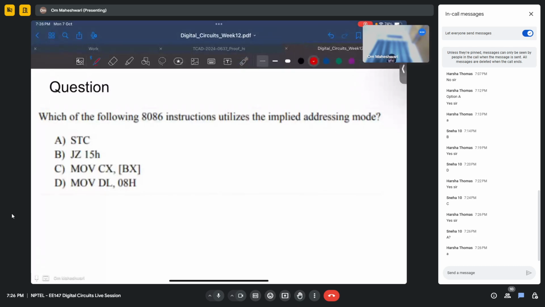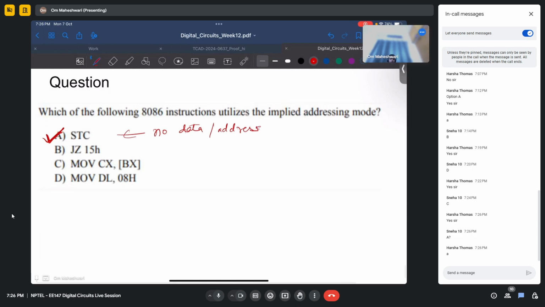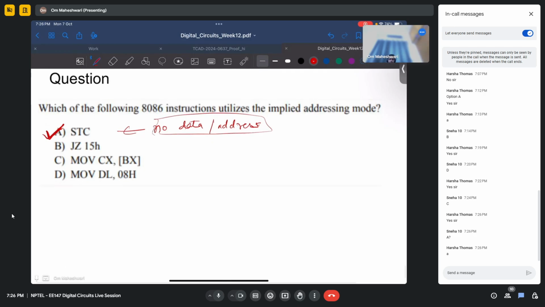Right, it is option A. Implied addressing is where we have no data or address in the instruction. It is obvious what the instruction has to do. It does not require any data or address. So this is implied addressing.